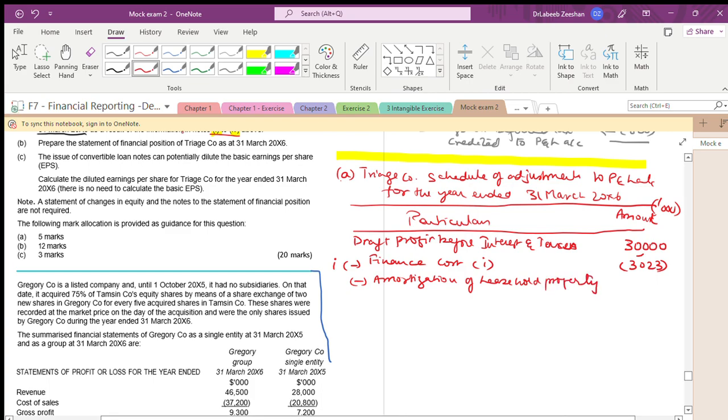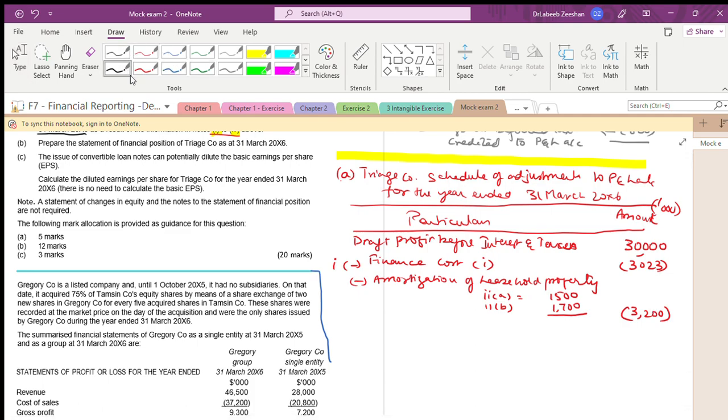To A, how much? 1,500. To B, how much? 1,700. Total how much? 3,200. Is it right? 3,200.